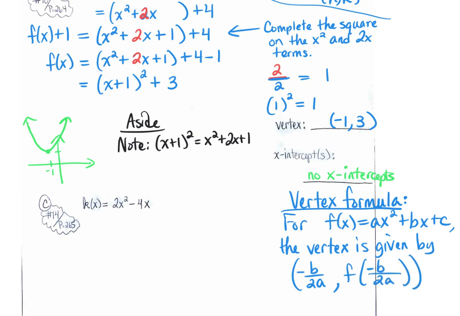So in other words, you identify your a and b, find negative b over 2a, then take that and plug it into your function, or substitute that x value you get into your function. That will give you a y coordinate.